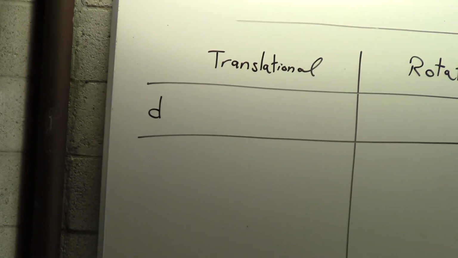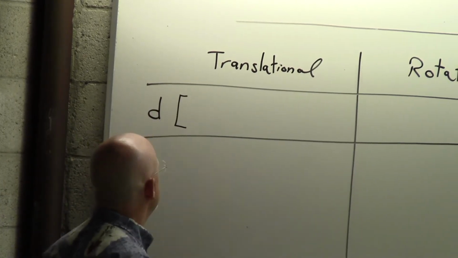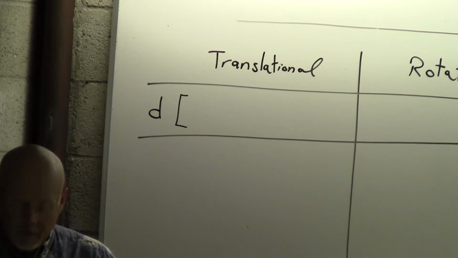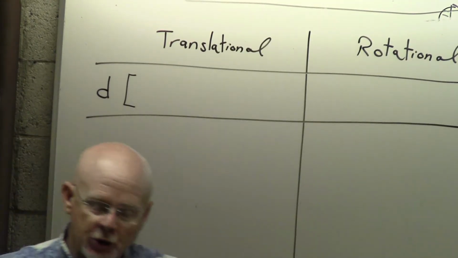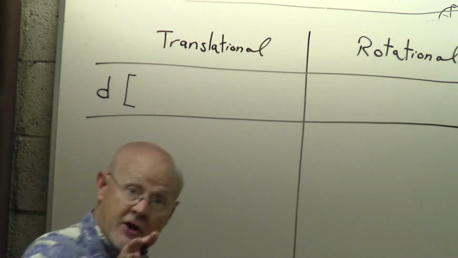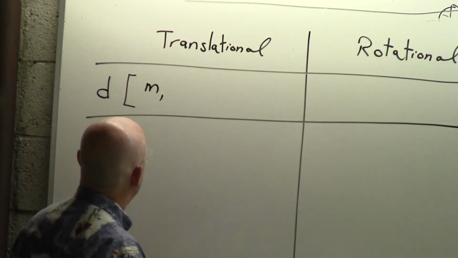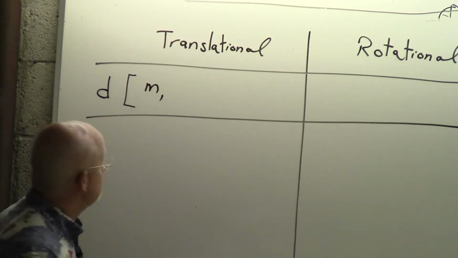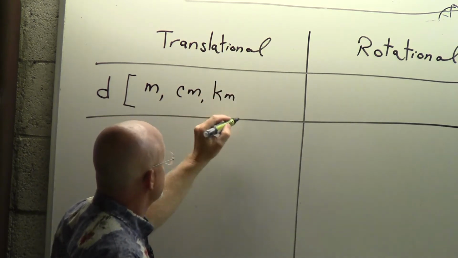We also then said, well, what units would we use to measure it? And the tradition is to put these square brackets to represent what units fit this quantity. I think you remember that we measured our distance in meters, sometimes centimeters, sometimes kilometers.